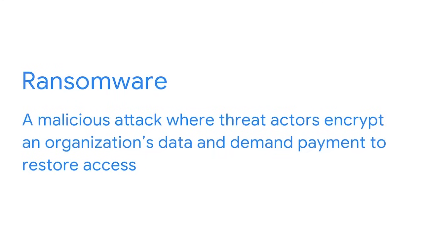In this video, we'll discuss an expensive type of malware called ransomware. Then, we'll cover 3 key impacts of threats, risks, and vulnerabilities on organizational operations. Ransomware is a malicious attack where threat actors encrypt an organization's data, then demand payment to restore access.